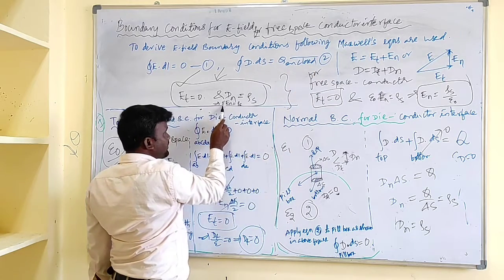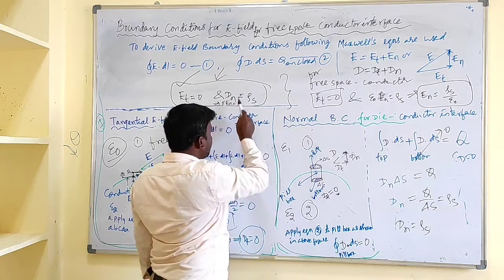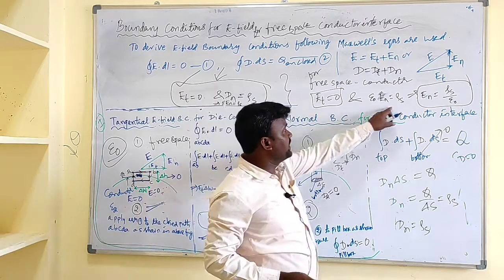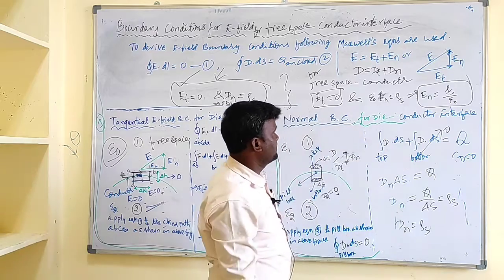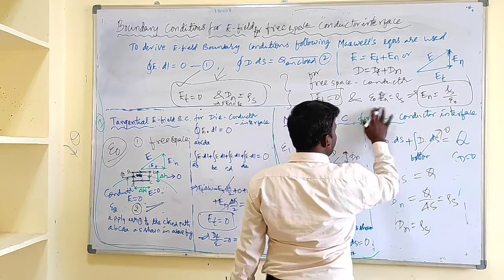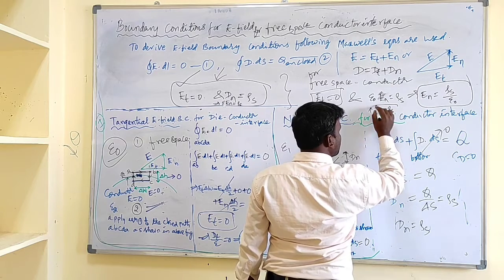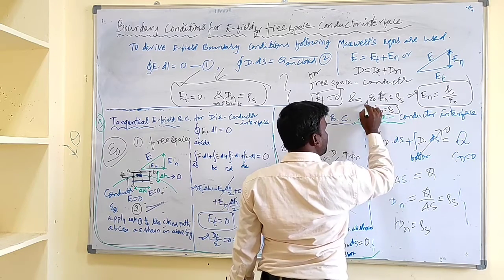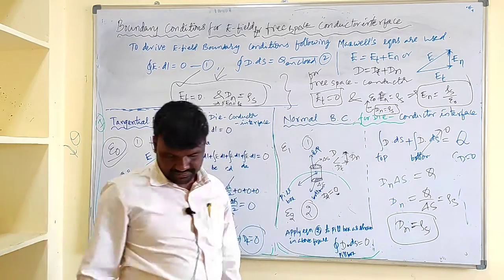For the dielectric, Dn is epsilon times En, whereas for free space we write Dn as epsilon naught times En equal to rho s. This is from Dn equal to rho s, which we derived. Okay, thank you.